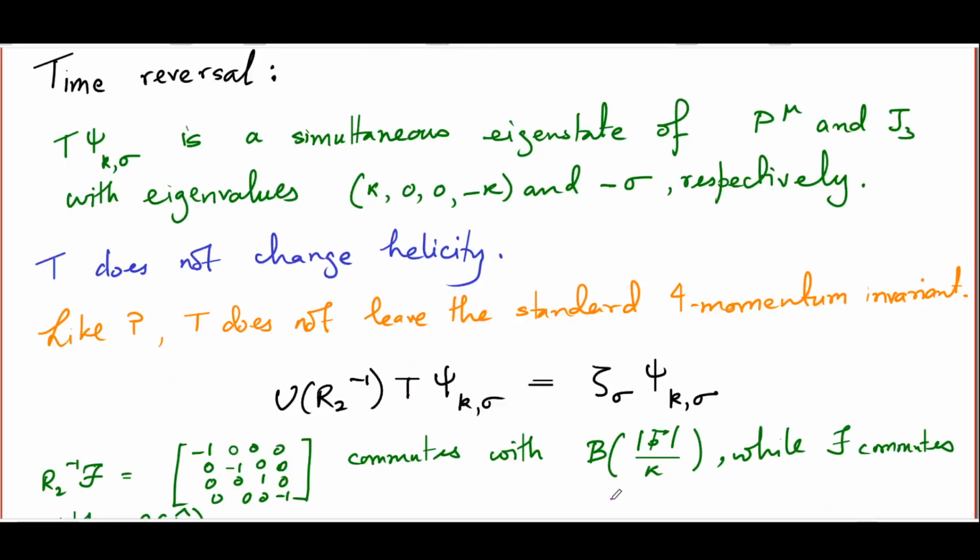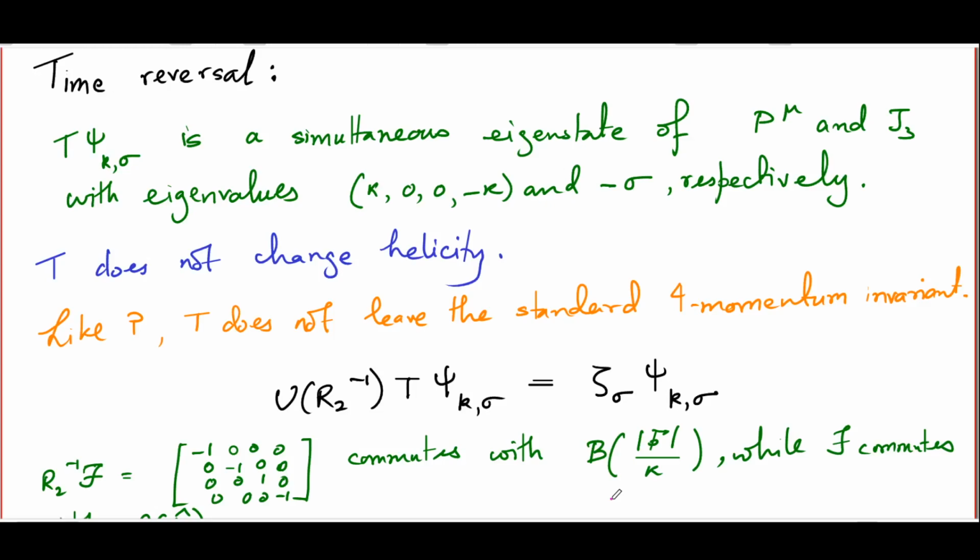Let us now try to describe the effect of time reversal on massless momentum eigenstates, and we will start as for parity with psi k sigma, that is, with states with a standard four-momentum. Now it's very easy to see that T acting on psi k sigma is a simultaneous eigenstate of the four-momentum p mu and J3, and now once again the eigenvalues have changed.